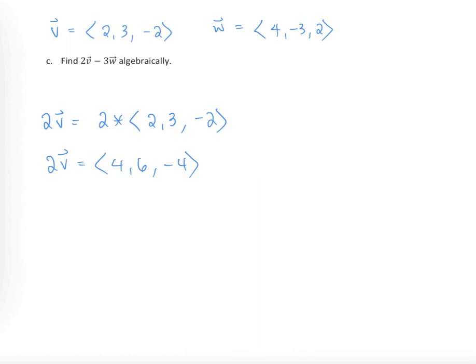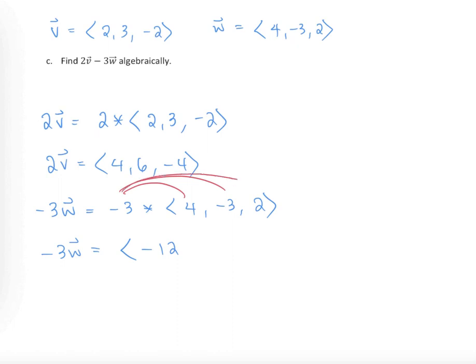And same with 3w. As a matter of fact, let's go negative 3w like this, and that's going to be negative 3 times my w vector, which is 4, negative 3, 2. And the negative 3w vector then becomes pointy bracket negative 12, positive 9, and negative 6, close pointy bracket. Again, we're just distributing this negative 3 into the parentheses.